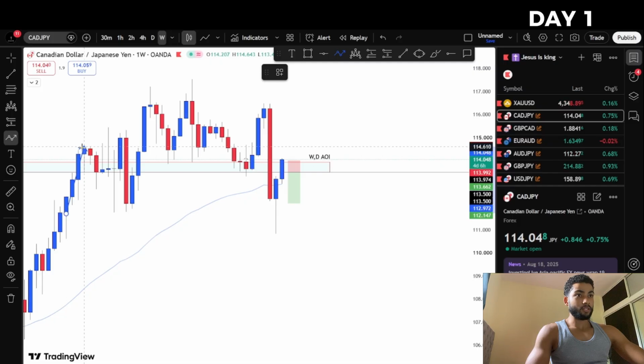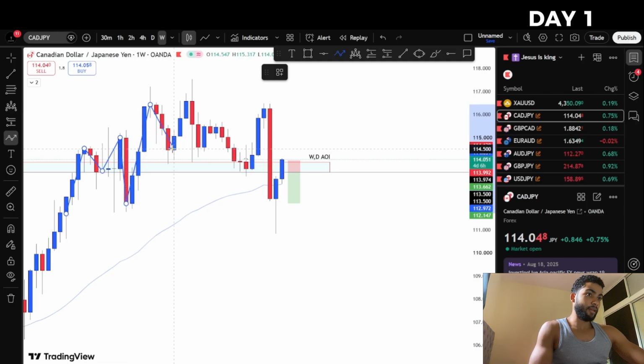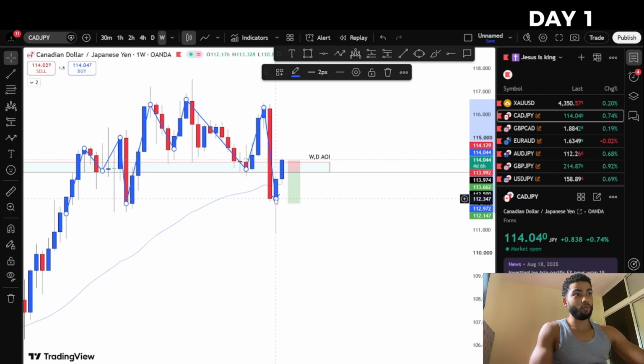At this point, the price was bullish, creating higher highs, higher lows, higher high, lower low, shifting the structure. Then price created another higher high, breaking above this lower high, creating another higher low, higher high, and then a lower low, lower high, and then a new lower low.